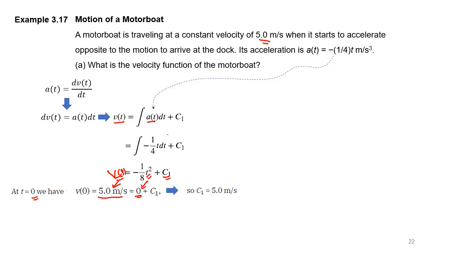So this constant c1 gives you the initial velocity, and v(t) is the final velocity. So our function is v(t) equals 5.0 meter per second minus 1 by 8 t square. This is the first part.